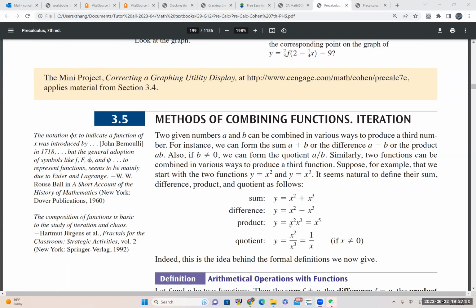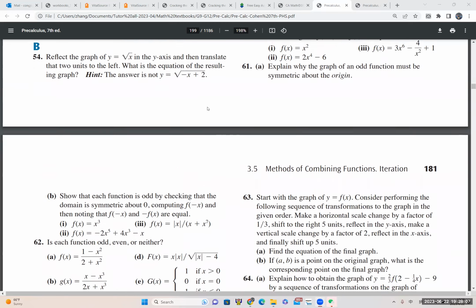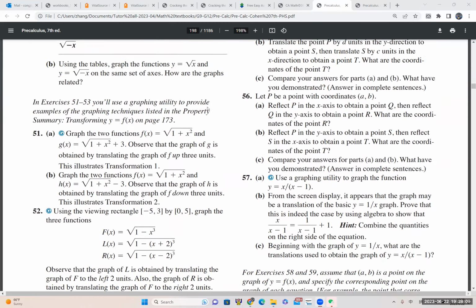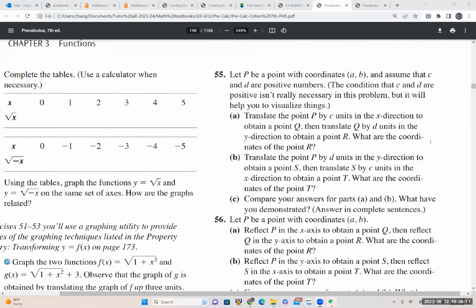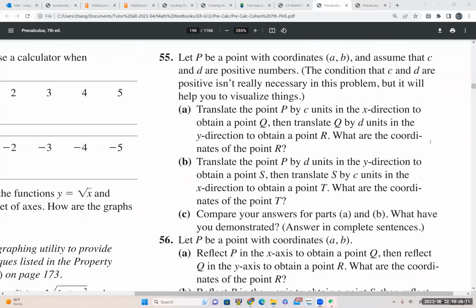55. Okay. Let me pick one between you guys. How about 41? Okay, so let Ray take the screenshot first. 55. Yeah, you take a screenshot.